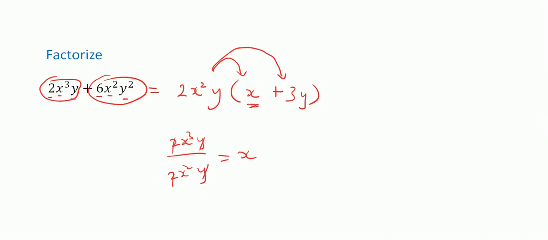So that is how I got this term here. And 6x squared y squared over 2x squared y: 2 can go into 6 3 times, the x squared will cancel, and y can go into y squared y times. So that is how I got 3y here.